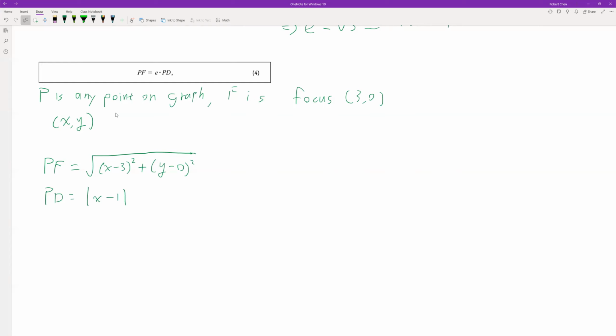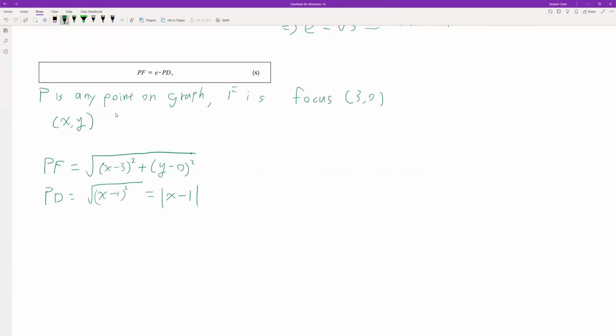Of course, you can take the square root of x minus 1 square, but that's the same thing as saying absolute value of x minus 1. Right? Because we don't care about the y value. We're looking at the shortest distance between any point and the line x equal to 1.